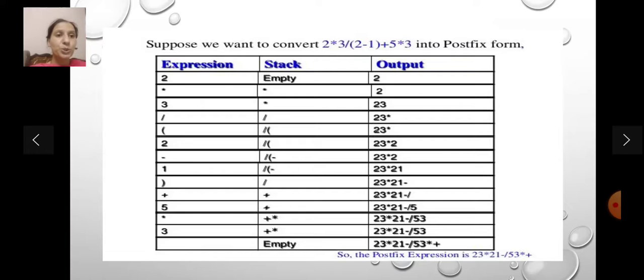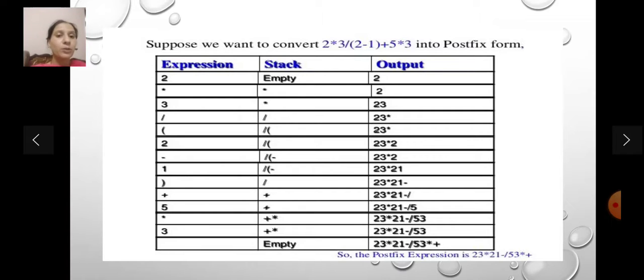Then we enter 2, and in output we have 23 multiply 2. Then we enter minus, so in the stack we have divide, opening bracket, minus. Then we enter 1, and in output we have 2 3 multiply 2 1.